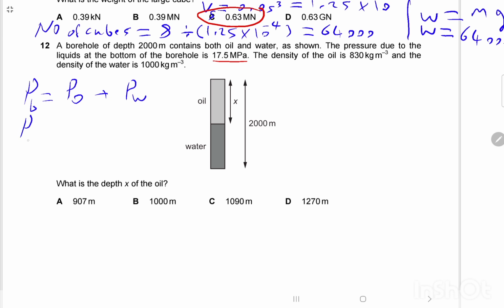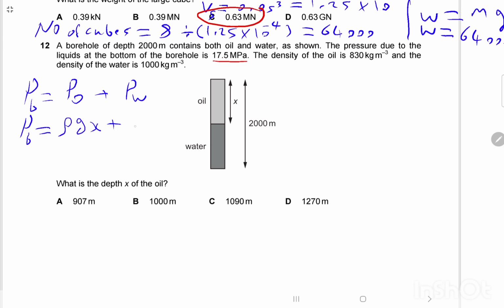Pressure due to oil is rho g h, and h here is x, that's what we have to calculate.